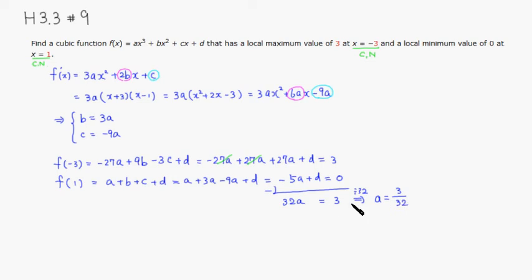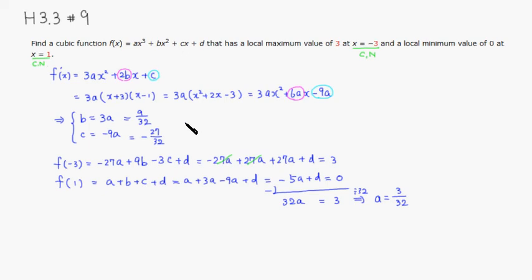Once you know a, b is 3 times a, so it's 9 over 32. Then c is going to be negative 9 times that, so negative 27 over 32.